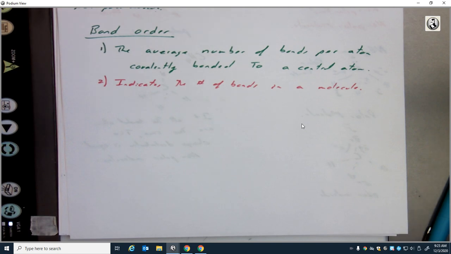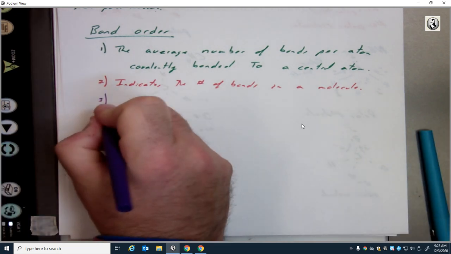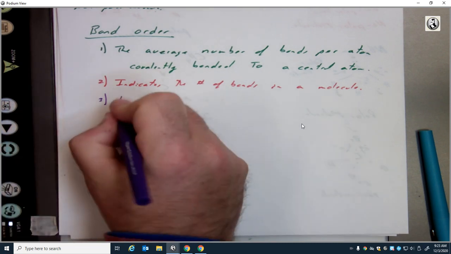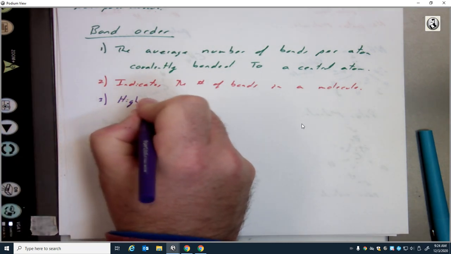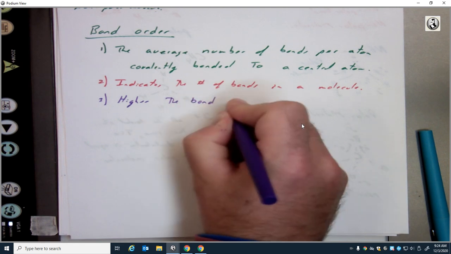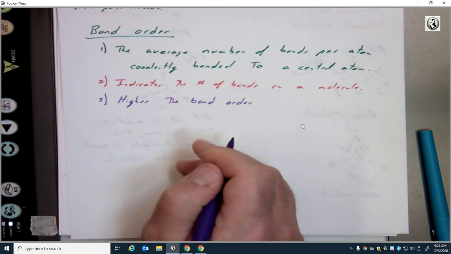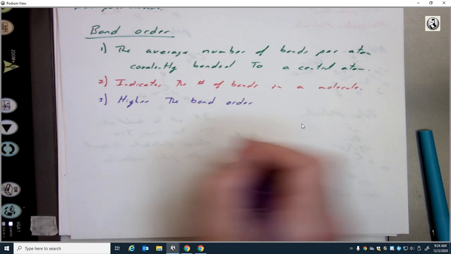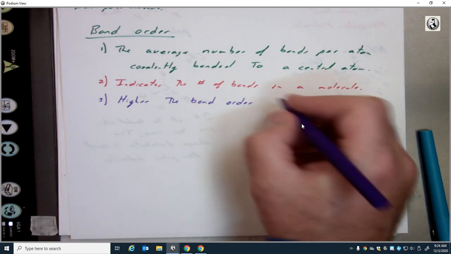And the bond order will give us some information. The higher the bond order, so the larger the bond order is, the stronger the bonds.